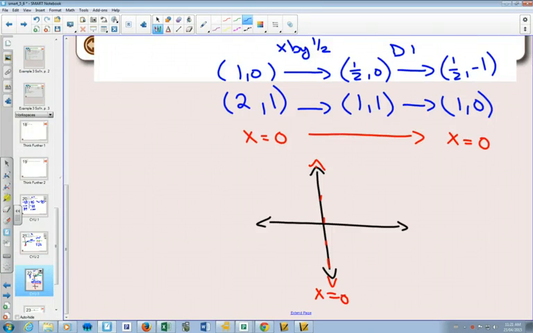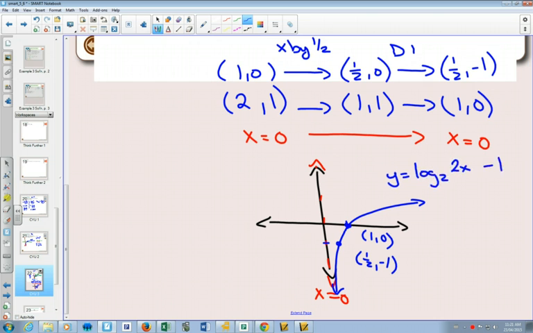And from there, we've got our points: 1, 0, and 1/2, -1. Our graph still approaches our asymptote, still has the same general shape as what we started with. And there is the graph of y equals log base 2 of 2x minus 1.